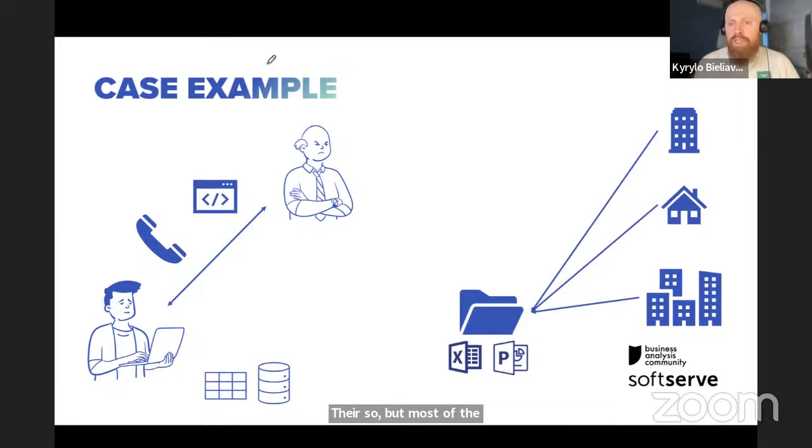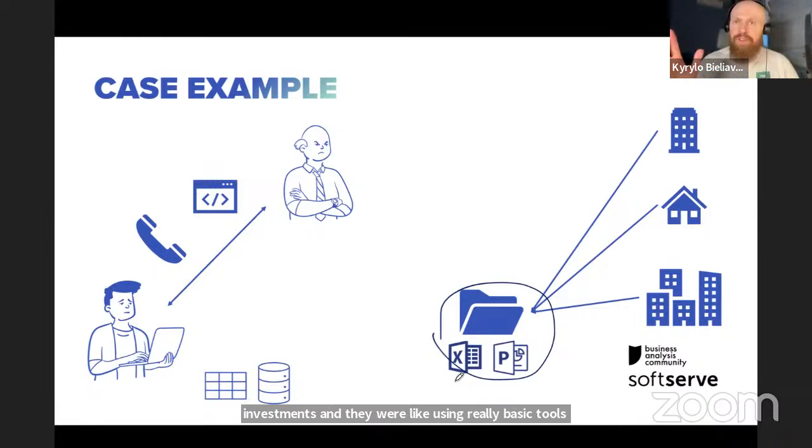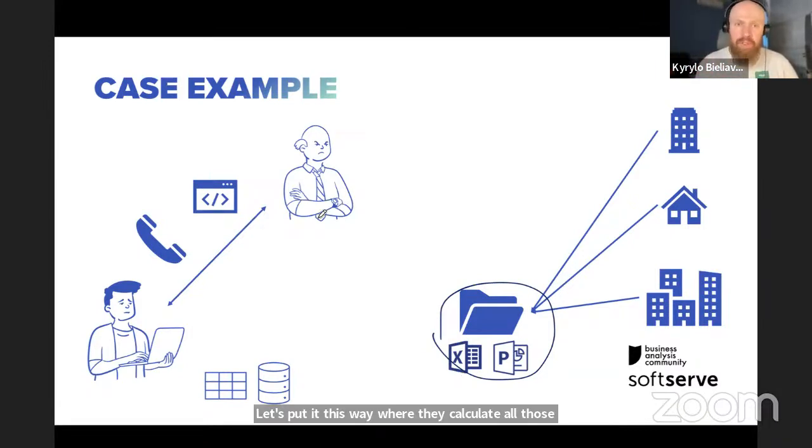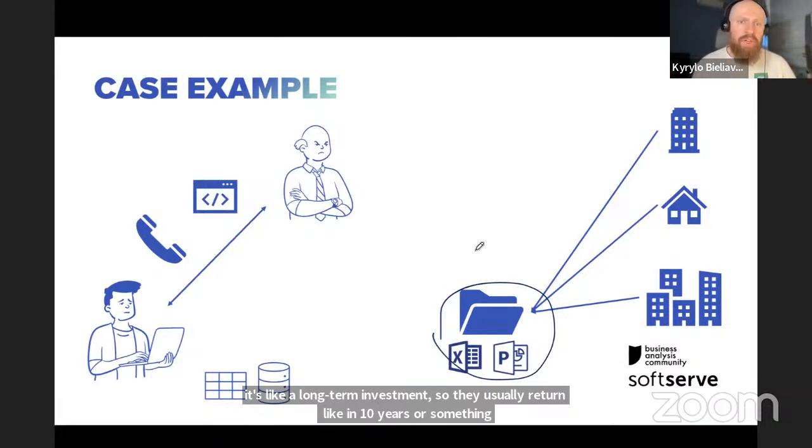And what the business was about, they were suggesting certain portfolios of investments, and they were using really basic tools for that. They had a very big Excel model, let's put it this way, where they calculated all those portfolios, and they helped these investors to invest in real estate. It's actually a very nice way of investing, but it's a long-term investment, so they usually return in 10 years or something. So they built some nice portfolios for their customers.